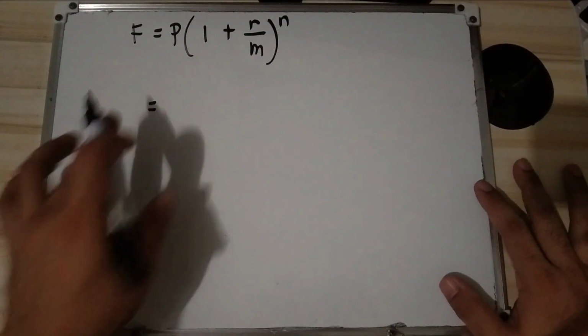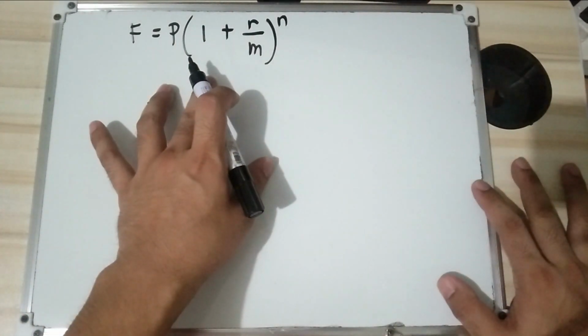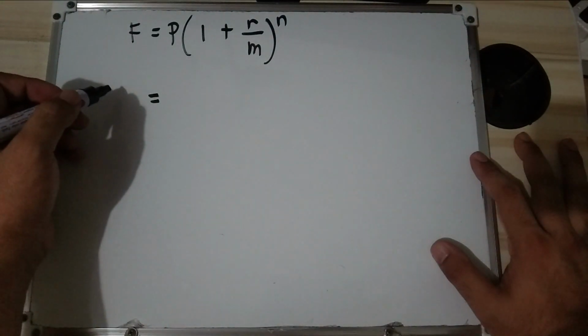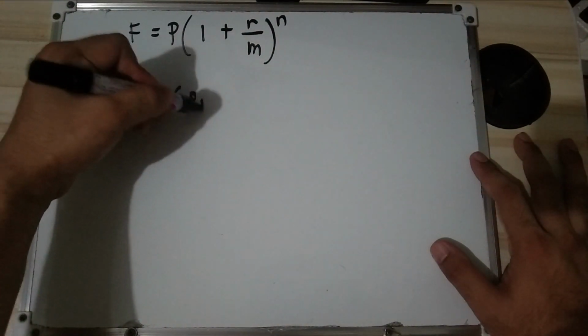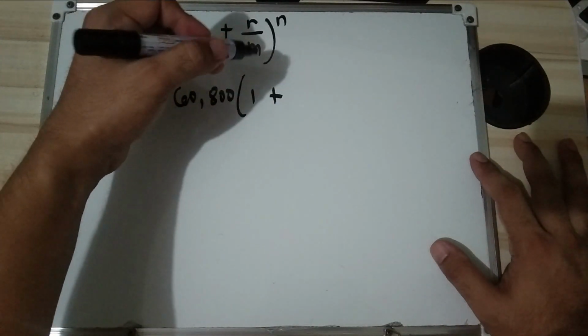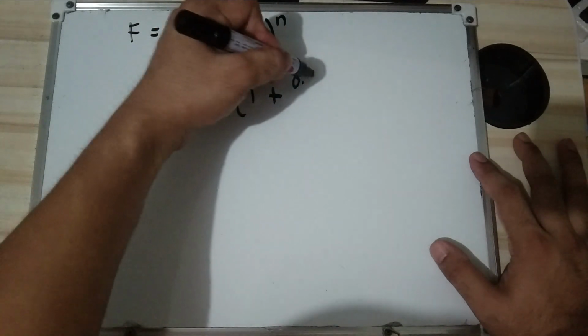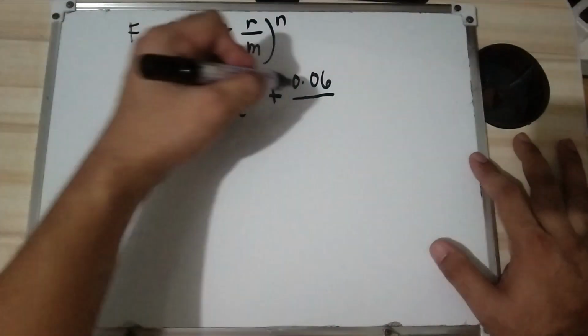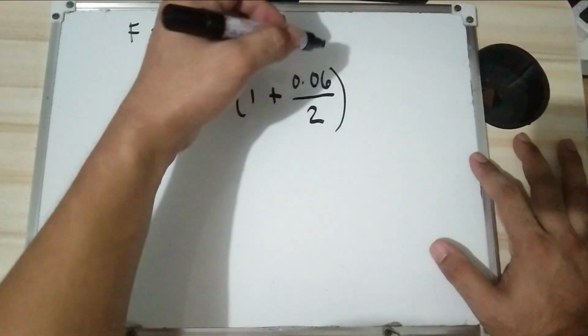So, formula, F is equal to P times 1 plus R over M raised to N. So, yung present value doon sa given, 60,800 times 1 plus R, 0.06 over yung M natin doon, yung 2, raised to 9.